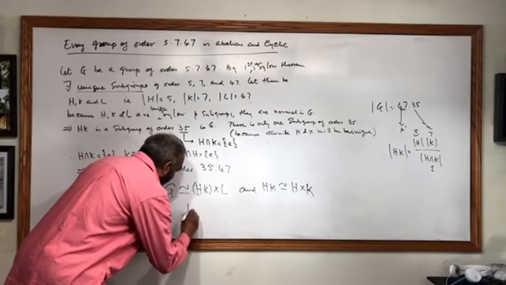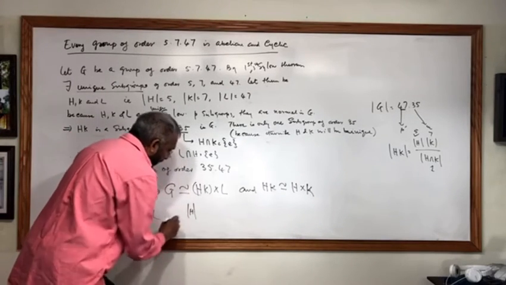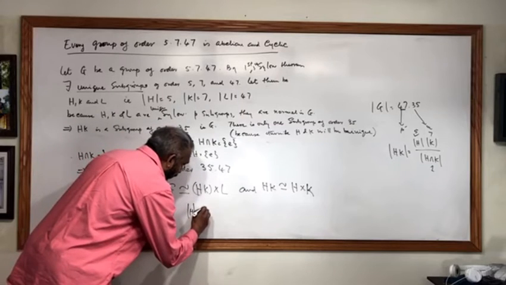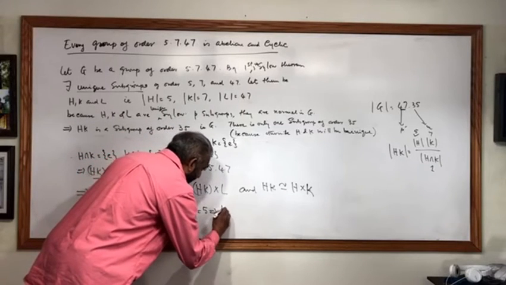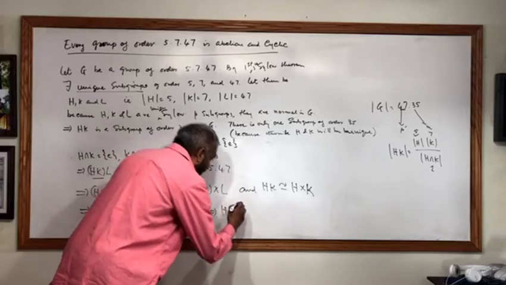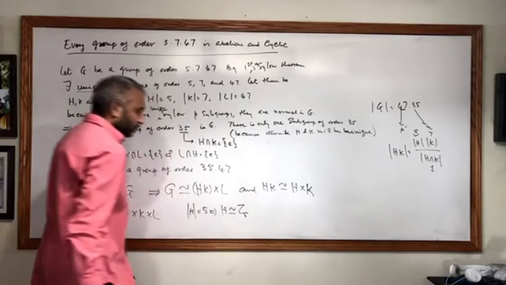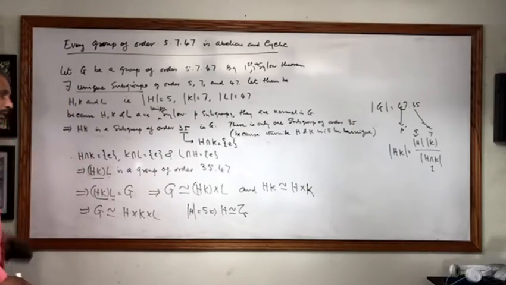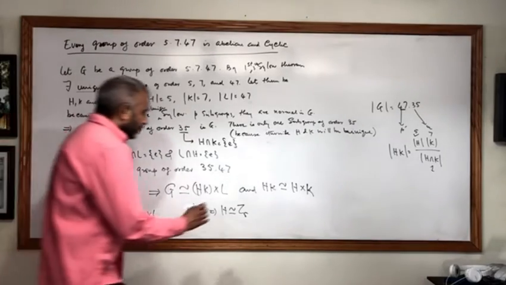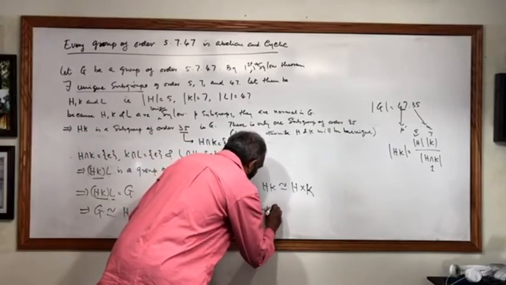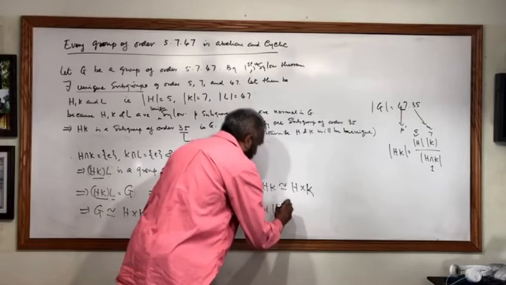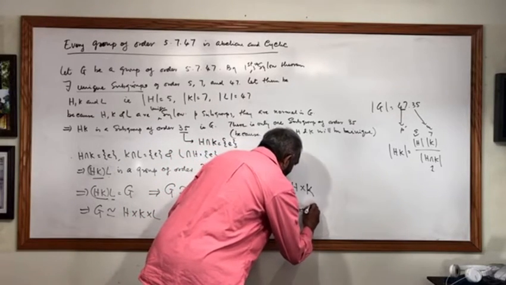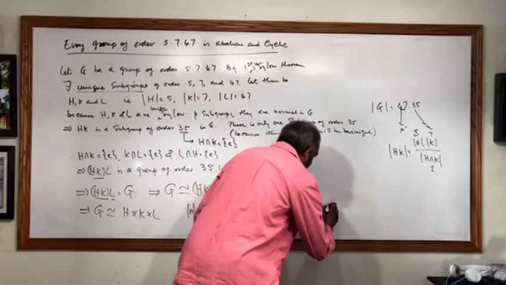So the order of H is equal to 5 implies H is isomorphic to C5 because it is a prime number. And the order of K is 7 implies K is isomorphic to C7.